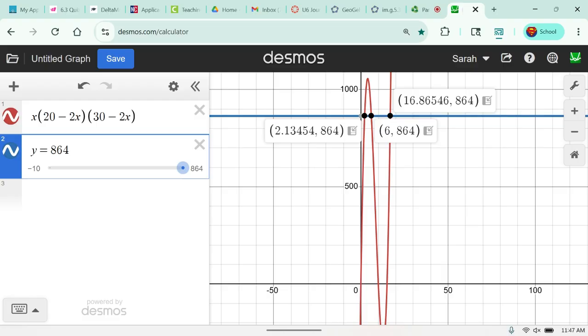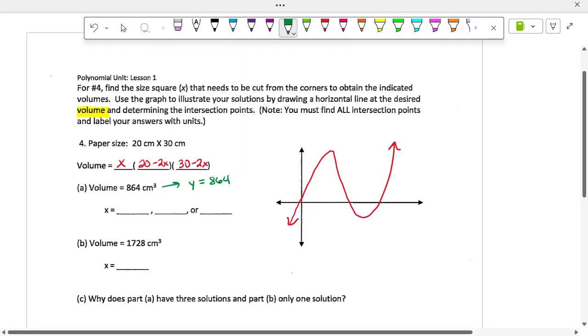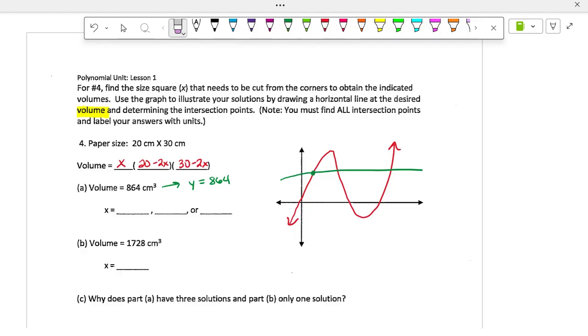So we have 2.13, we have 6, and we have 16.87. So this is 2.13. This is 6.